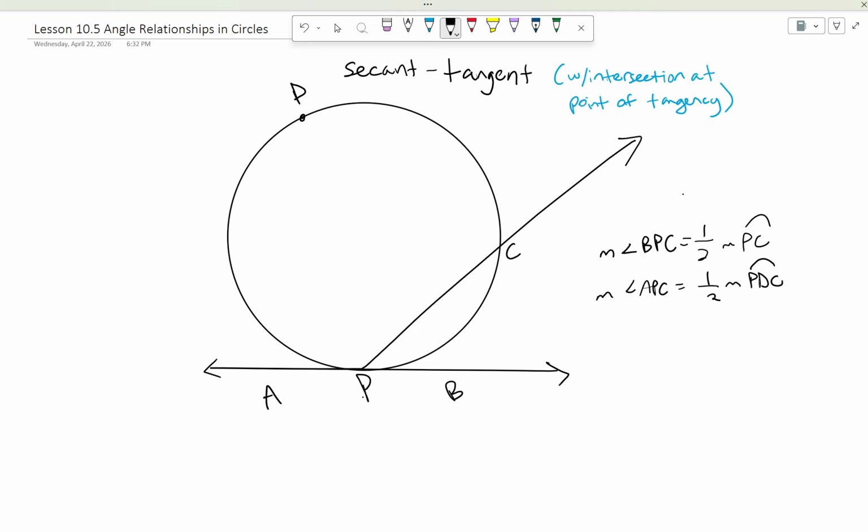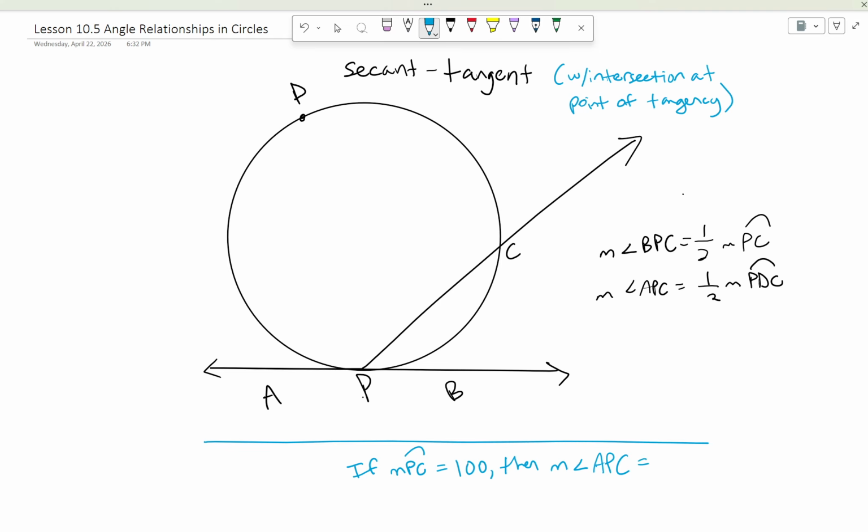All right. So let's do an example problem. Here we go. If we have the measure of arc PC is 100, then the measure of angle BPC is what?